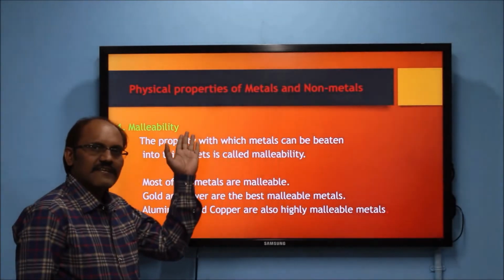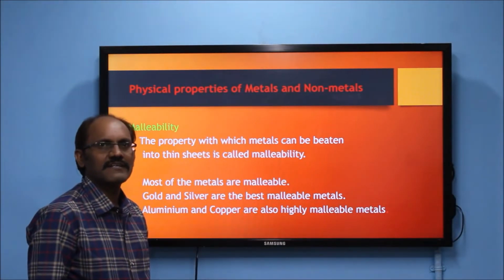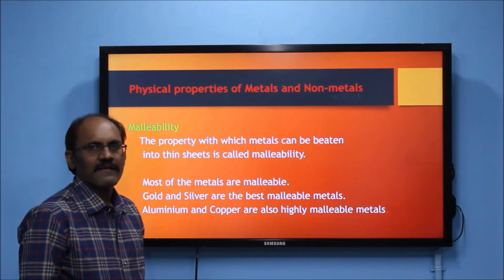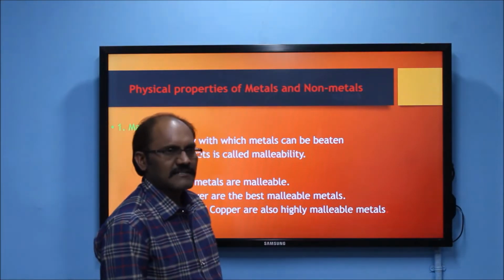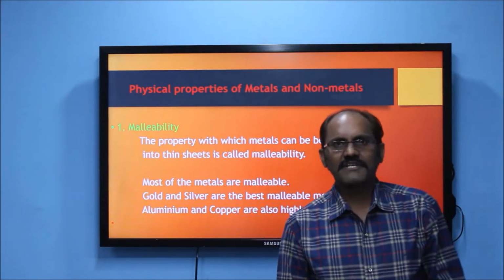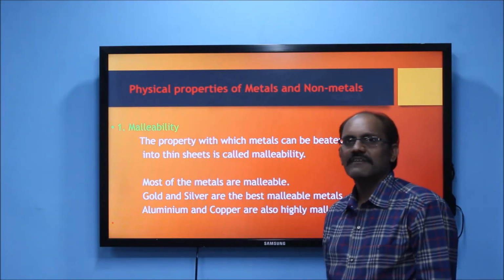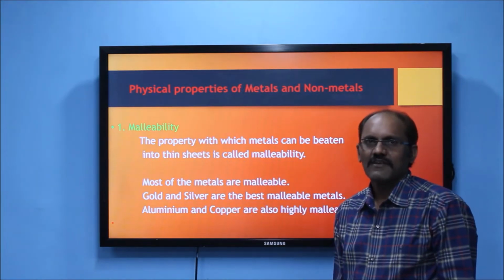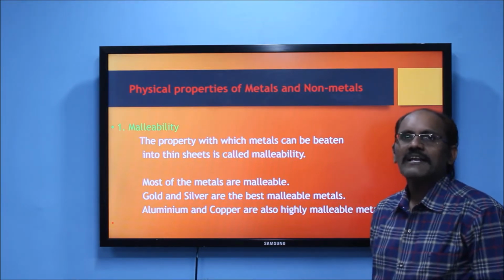Now, we discuss the physical properties of metals and non-metals. Here, metals and non-metals will have different physical properties. The first property is malleability. What is meant by malleability? Children, do you know?